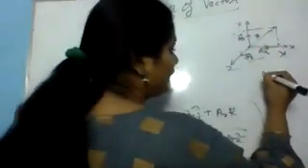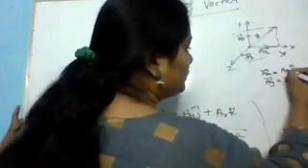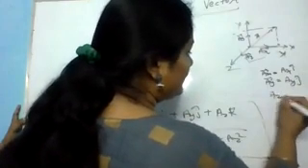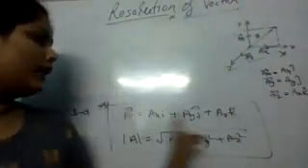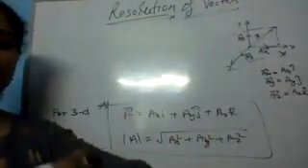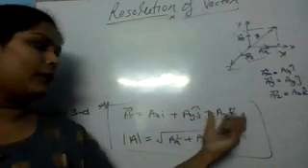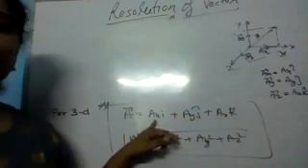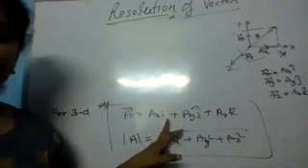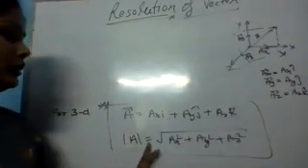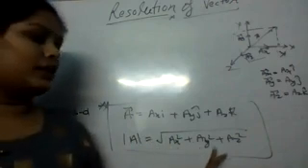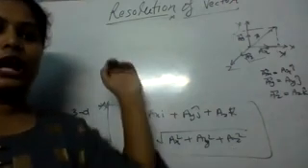AX vector is AX i cap, AY vector is AY j cap, and AZ vector is AZ k cap. So simply we can write the resolution like we are writing in 2D: A vector equals AX i cap plus AY j cap plus AZ k cap. AX represents the magnitude in X direction and i cap represents the direction. And for the magnitude, mod A equals the square root of AX square plus AY square plus AZ square. So now the components are clear.